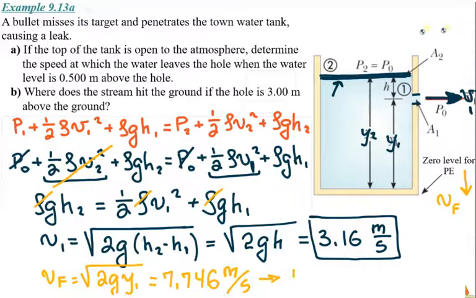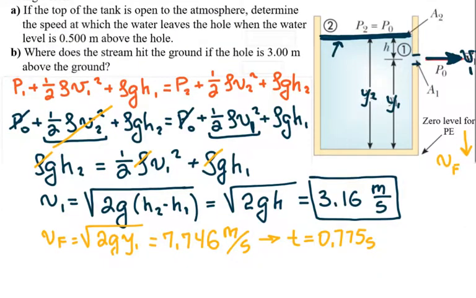So the time it takes to fall on the ground is the change of the velocity over the acceleration, which gives me 0.775 seconds. And from here I can calculate the distance, how far away from the tank the water will land. Let's call this distance dx.